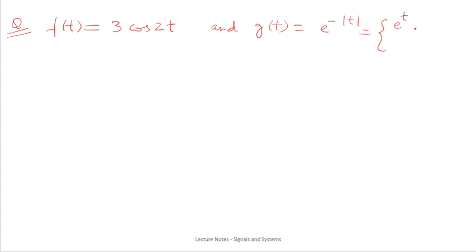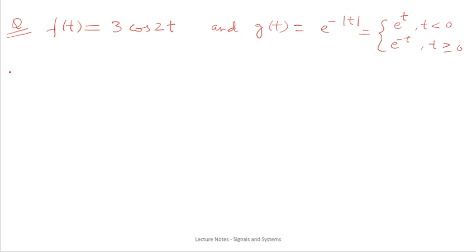Now we will see a numerical problem based on this convolution. Let us suppose that you have to find the convolution of two continuous time signals which are given as f(t) equals 3 cos 2t, and g(t) is given as e raised to the power mod t, which is equal to e raised to the power t for t less than 0, and e raised to the power minus t for t greater than or equal to 0.